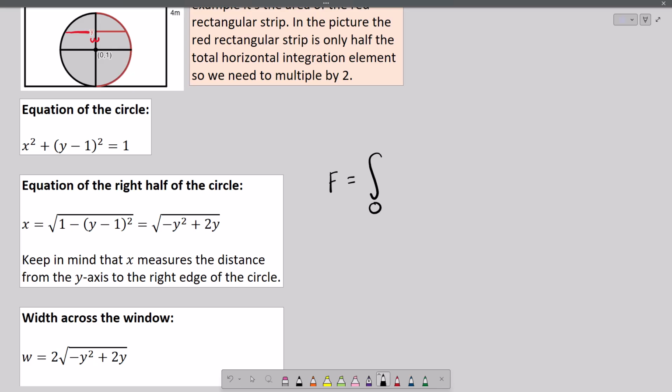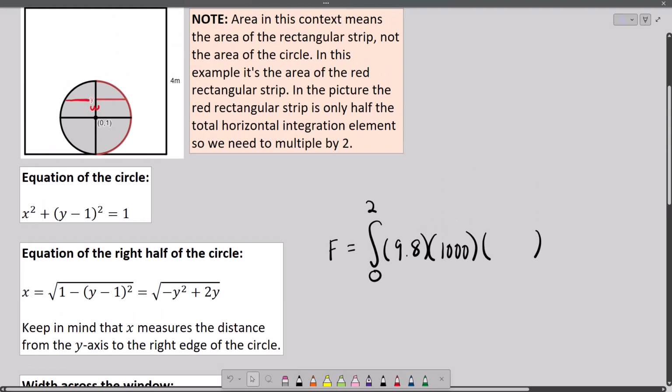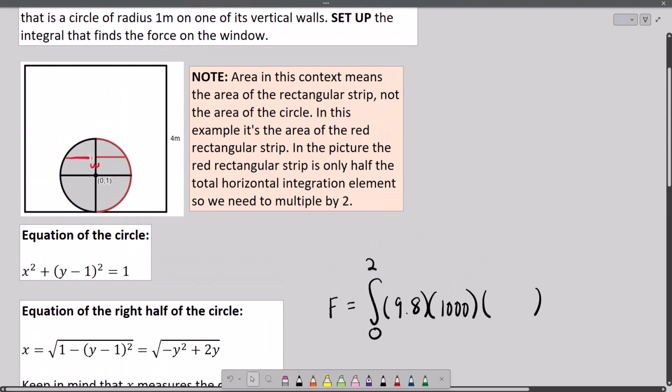That circle has a 2 diameter. So 0 to 2. And then acceleration due to gravity, 9.8. The density of water is 1,000 kilograms per meter cubed. So there's AD. And now, the second D is always this complementary distance that we've seen.